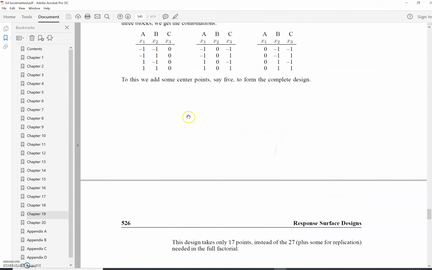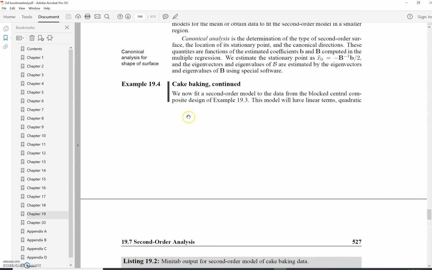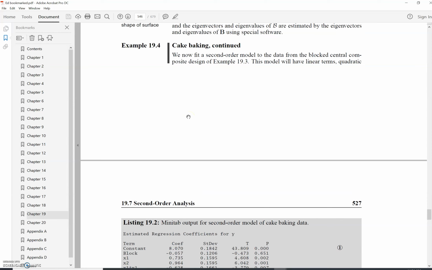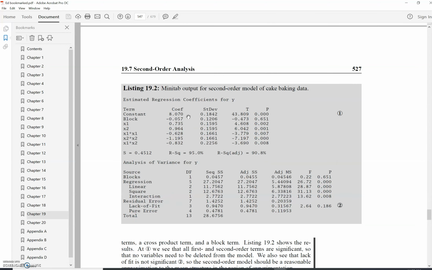So if we design our model this way and we analyze those results using that CCD, or central composite design, that comes again from a theoretical model, we can see now that our lack of fit is no longer significant, meaning we have a better form of a model that's fitting the curvature of the plane well.